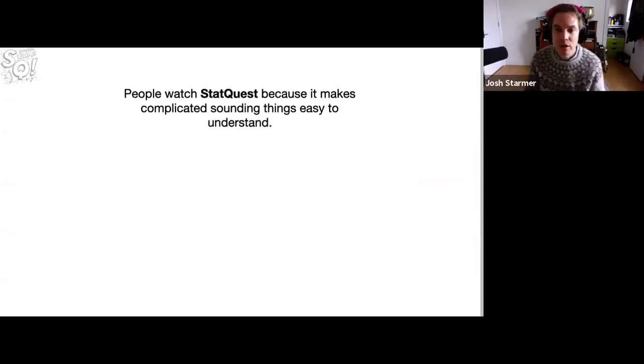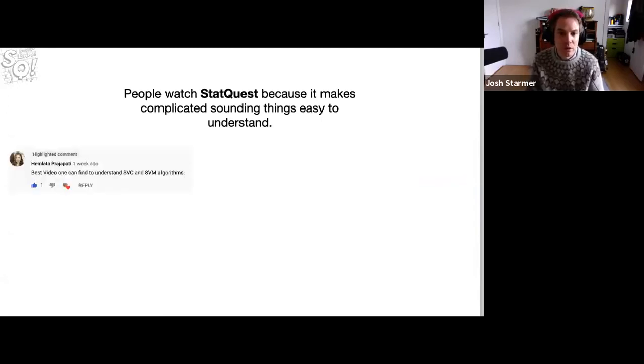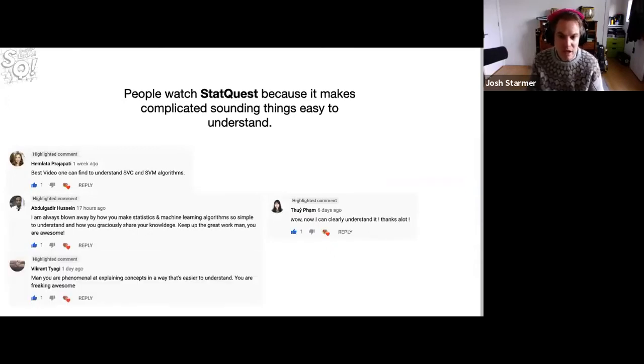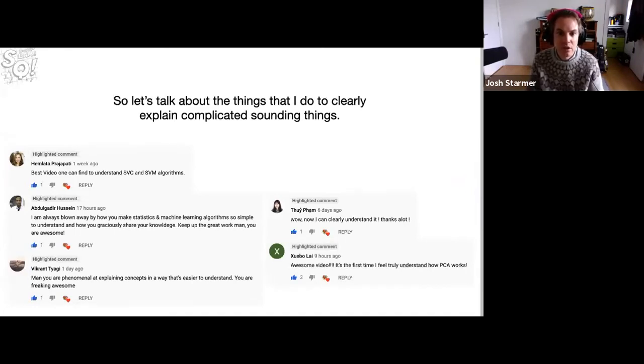People watch StatQuest because it makes complicated sounding things easy to understand. So here's some comments that people have said about how they can understand these concepts better. And so it's nice to get these notices. So what we're going to do is talk about the things that I do to clearly explain complicated sounding things.